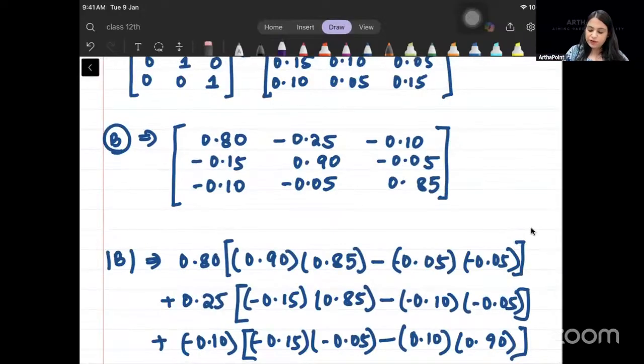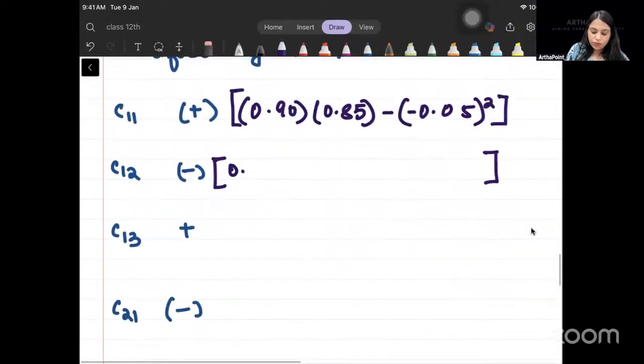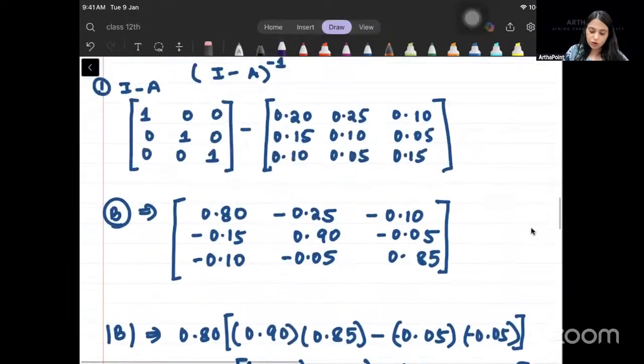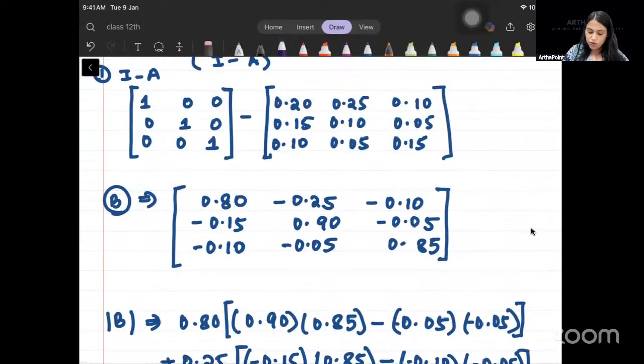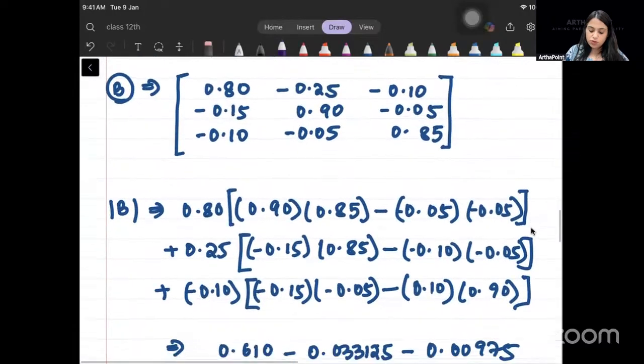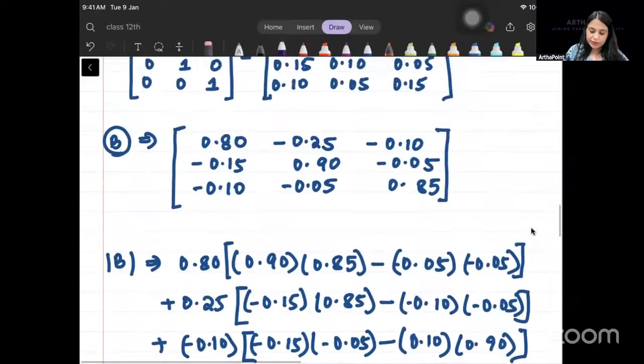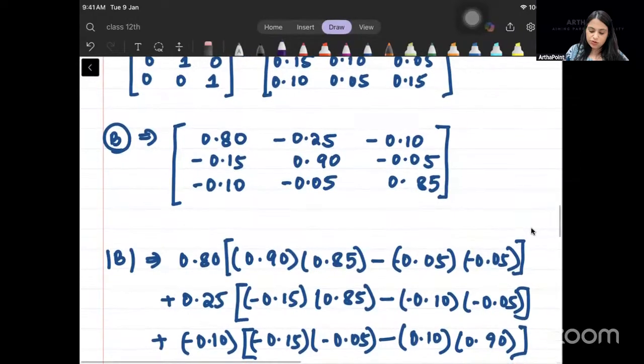So 0.15 with a negative sign into 0.85 minus 0.10 into 0.90. Then for the third one, C13, first row and third column gone. So 0.15 into 0.05 and minus 0.10 into 0.90.